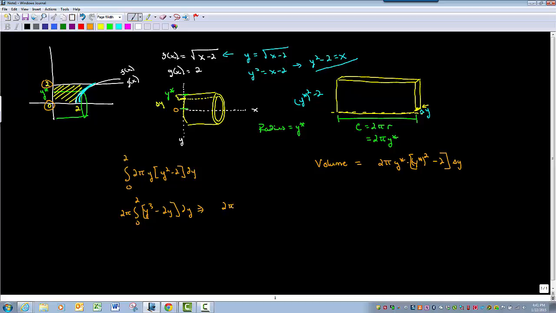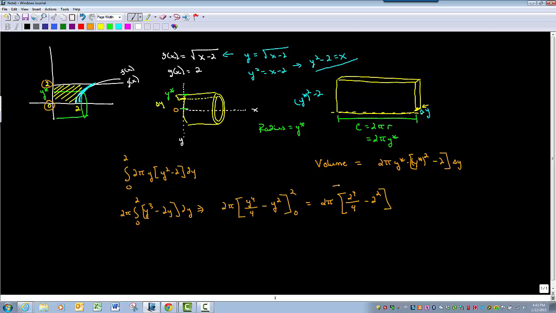So this is 2 pi times y to the fourth over 4 minus y squared evaluated between 0 and 2. So this will be 2 pi times 2 to the fourth over 4 minus 2 squared.